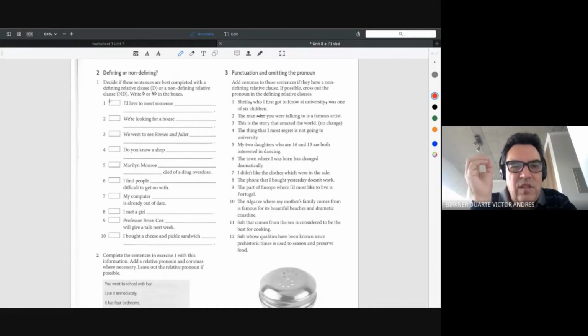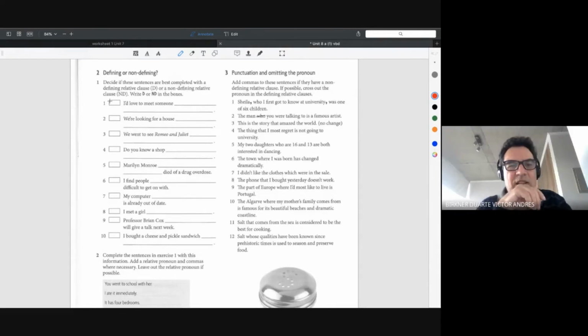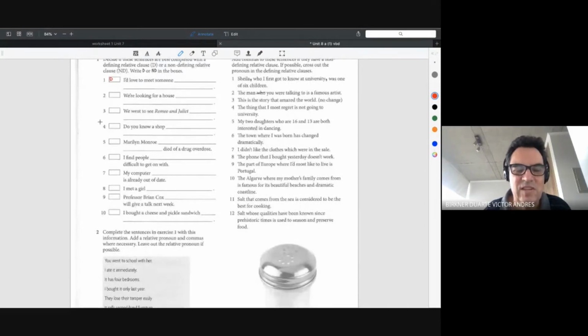I'd love to meet someone. I think it could be a defining relative clause. Defining, all right. I'm going to write it here then. In case someone disagrees, just speak up, right?